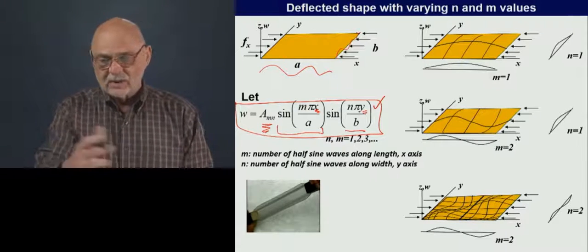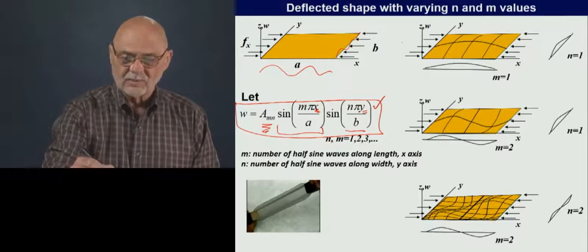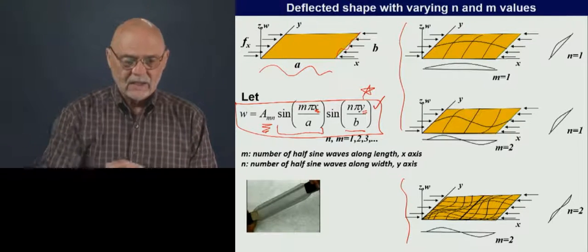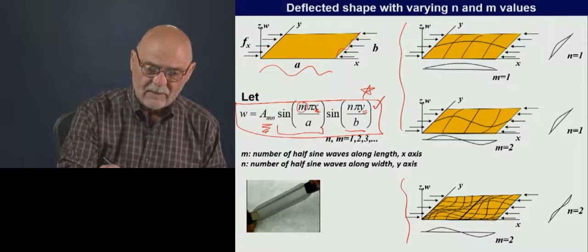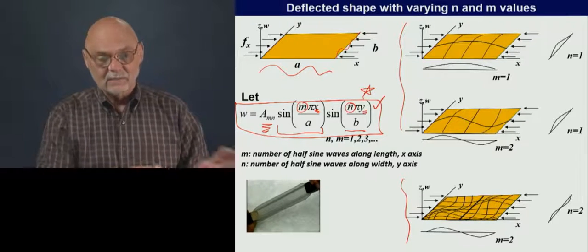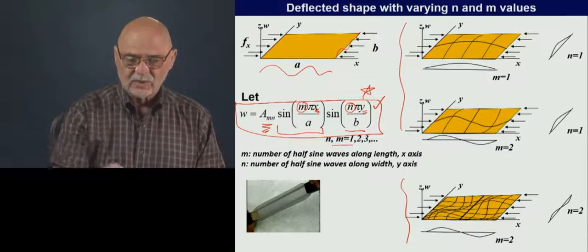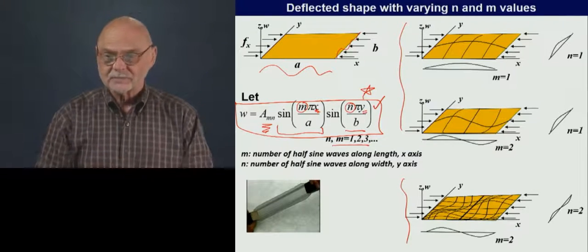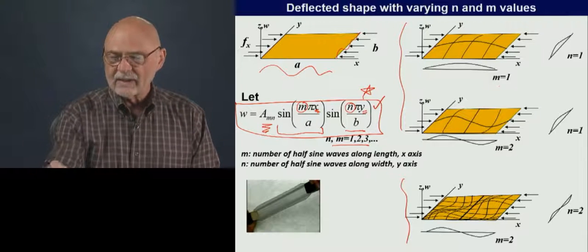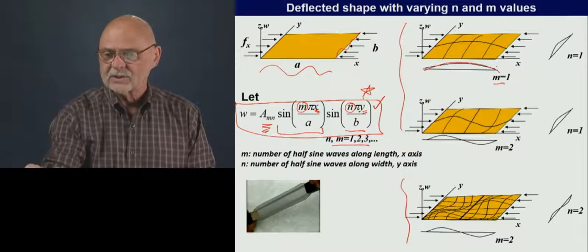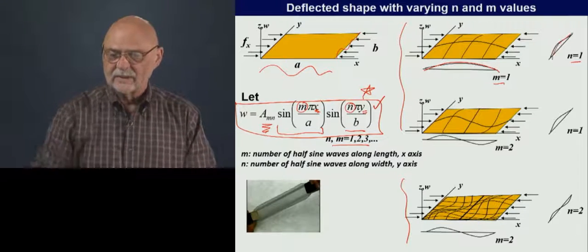On the right-hand side, we show some examples of what this function looks like. You can see it depends upon m and n. We saw those in the buckling beam. These are just integers, 1, 2, 3, and they're the number of half sine waves that are occurring. Here we have m equal to 1, that's 1 half sine wave in the x direction, and n equal to 1.